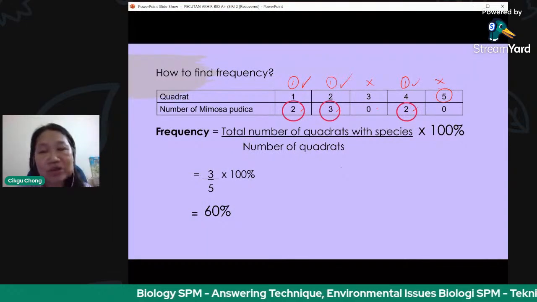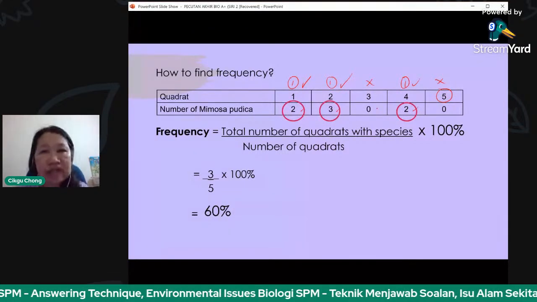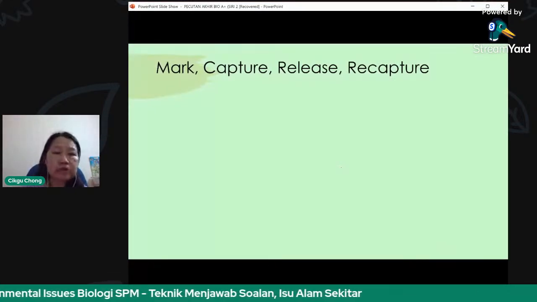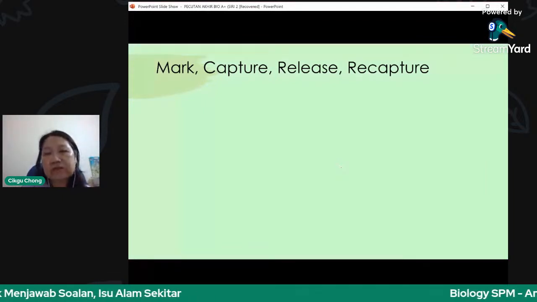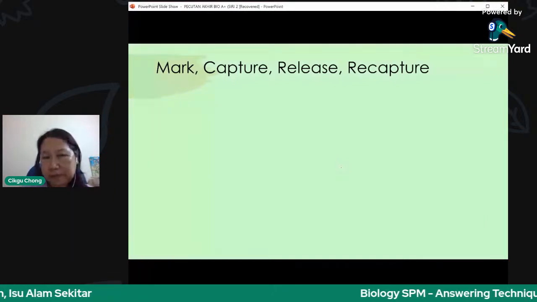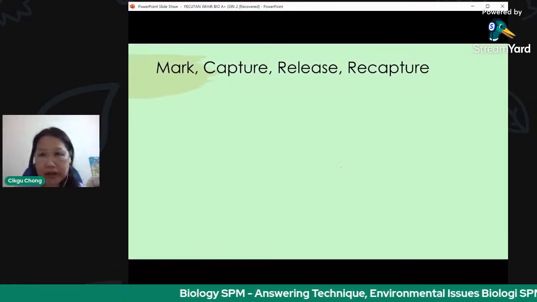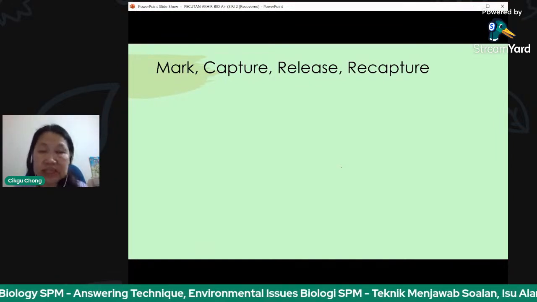Okay, you cannot estimate the correct number because they keep on running, right? So for animals, you need to use this mark, capture, release, recapture, MCRR. Okay, so this is a method which the ecologists use. They want to track how many individuals are in that particular area.